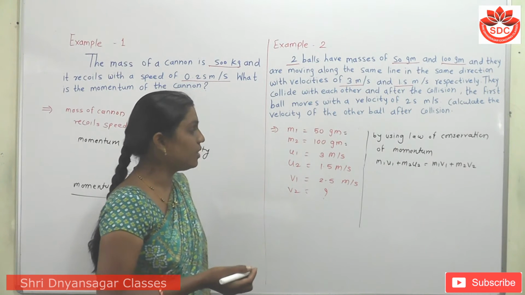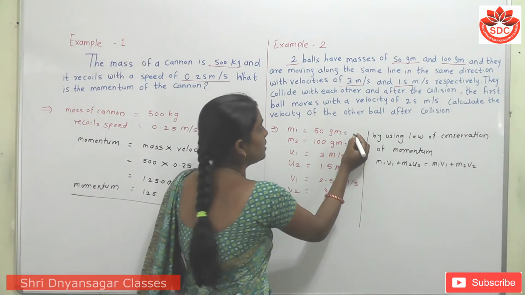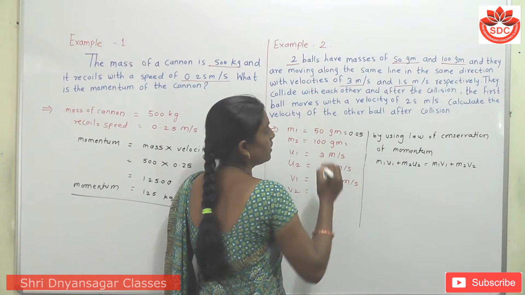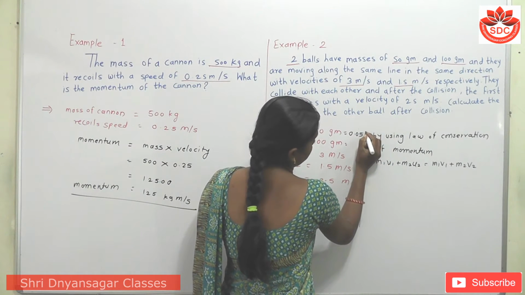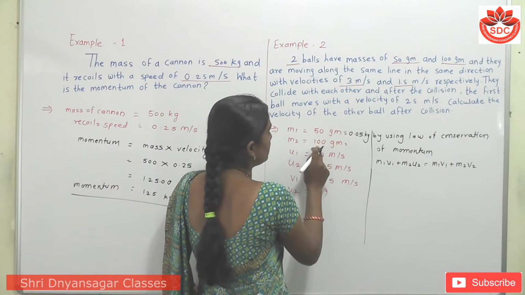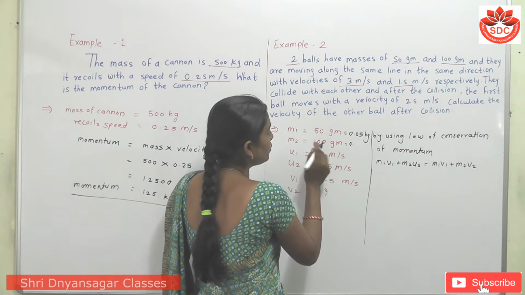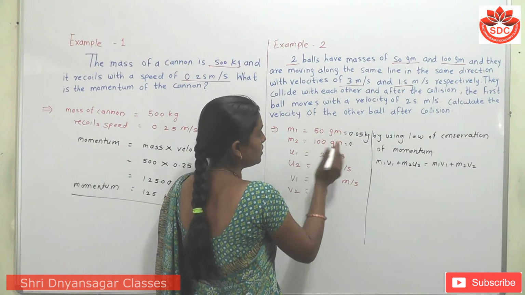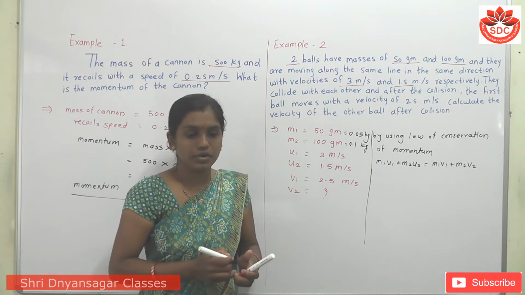So 50 gram in kg is 0.05 kg. Then 100 gram: we have to divide it by 1000, so 100 gram is equal to 0.1 kg.